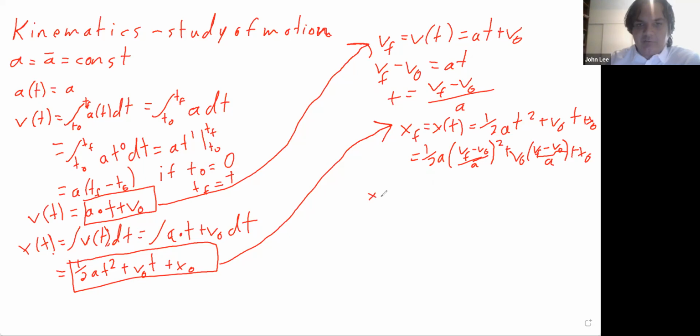So x final minus x naught. So all I did was, if you have trouble following the algebra, all I did was plug in this t into here and here, and then subtract x naught on both sides.